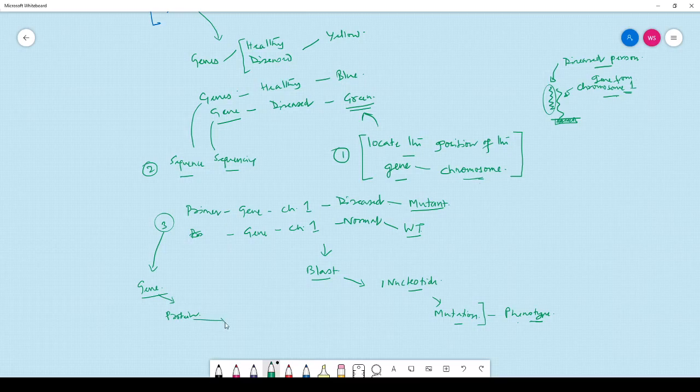And we can find the structure of that protein. So this we can do in the wild type, the normal person. You can go to the protein and discover its structure.